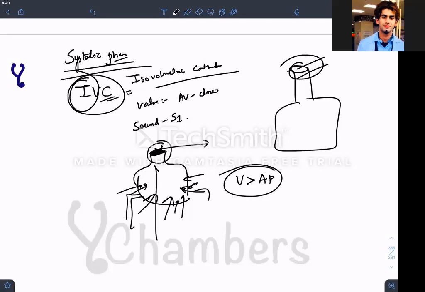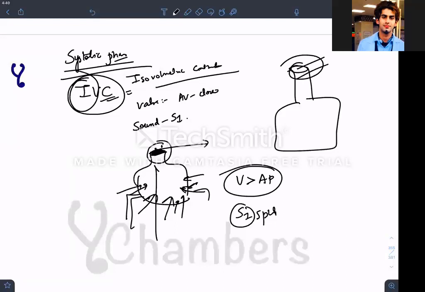But now you tell me which valve closes first, mitral or tricuspid? The mitral valve closes before the tricuspid. That's why a split S1 may be heard. Are we clear, guys?